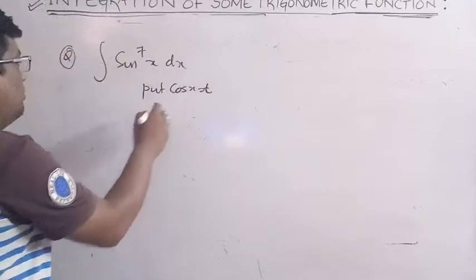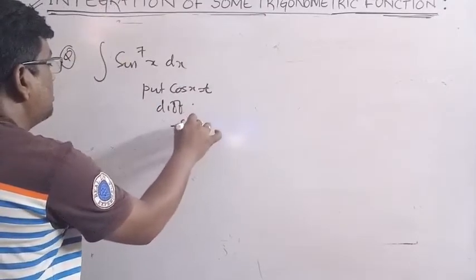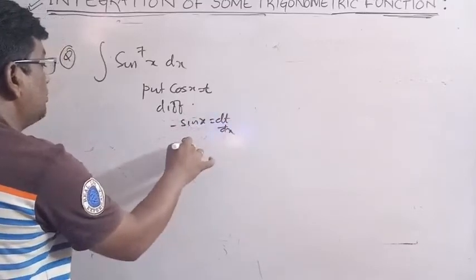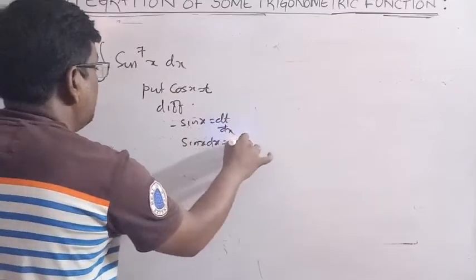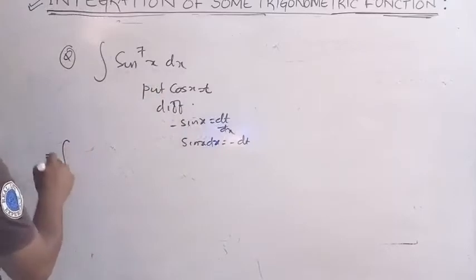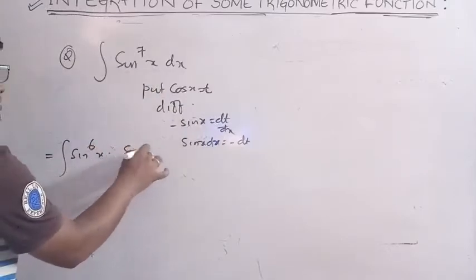So differentiate: minus sin x is equal to dt by dx, so sin x dx is equal to minus dt.